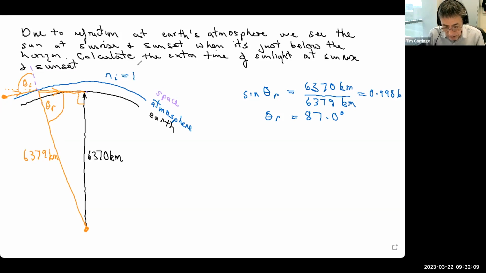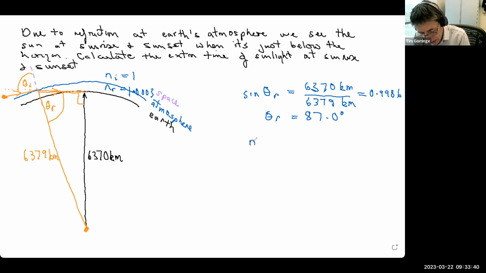That is a refractive index of 1. The other one is the air in our atmosphere, and the air in our atmosphere has a refractive index that's 1.003. And so we know the two refractive indices, we know the refracted angle, we can figure out the incident angle.